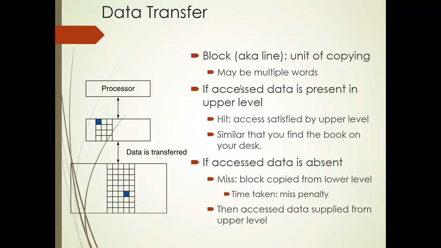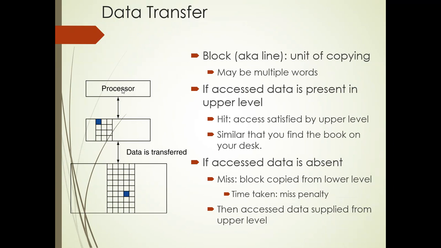Now, when it comes to the cache, there are different technologies, and different terms that are used to describe the cache. Usually, the cache copies the data by blocks, which is also referred to as a cache line. It can be multiple words, and one word can be 32 bits.